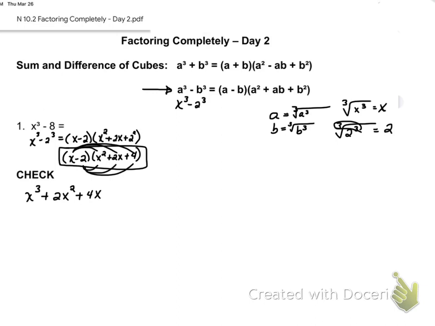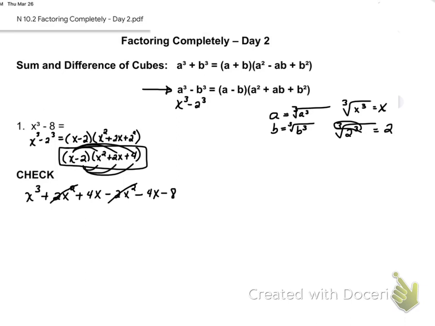So x times x squared is x cubed. Then plus x times 2x is 2x squared. And then x times 4 is plus 4x. Now we're going to multiply the minus 2 by everything in that second set of parentheses. So you have minus 2x squared, minus 4x, and minus 8. Now let's look. We've got a positive 2x squared here, and a negative 2x squared here.